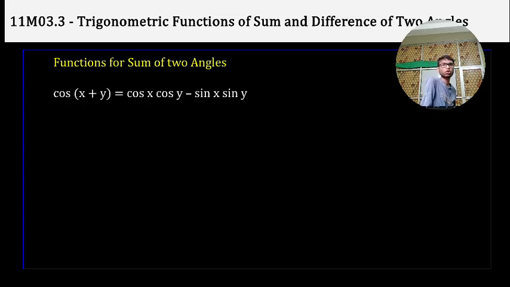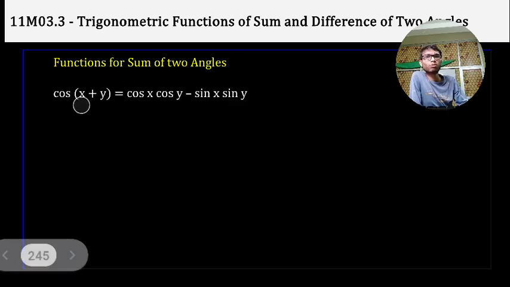This is a sum of two angles, x plus y. Now here we are saying the sum of this angle and this angle of this function is what?